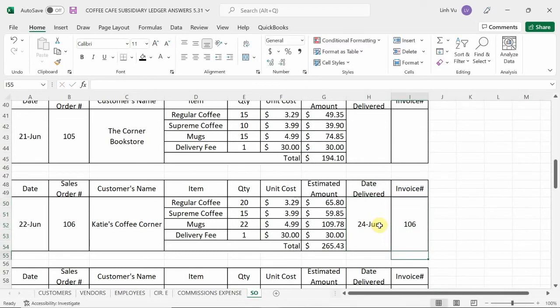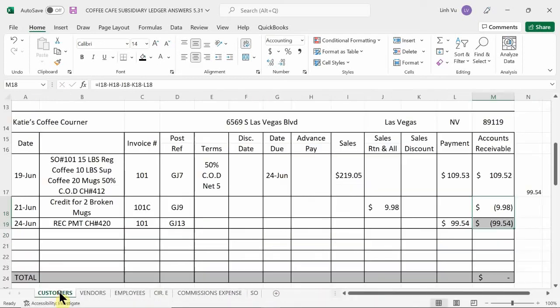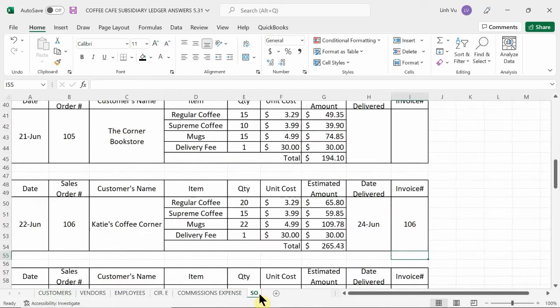And then go to customers. Since we're on this one, go to Katie's Coffee Corner and put in sales order number 106. I need to be able to see the sales order so I know exactly what we gave her in regular and Supreme. And we had 22 mugs. I remember that. Okay, so 20 and 15 and 22.